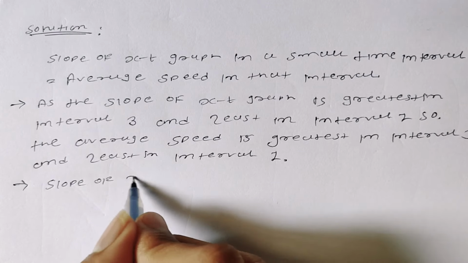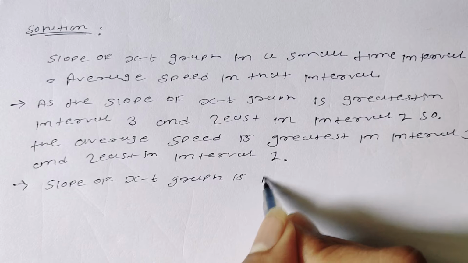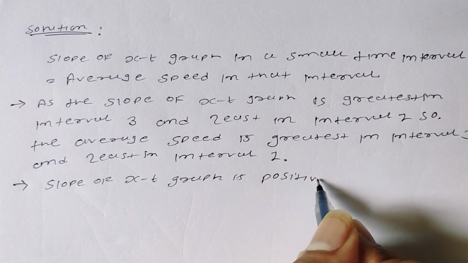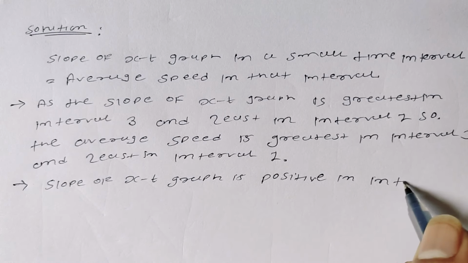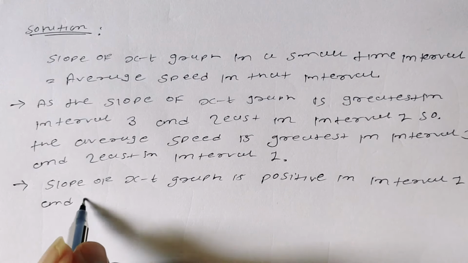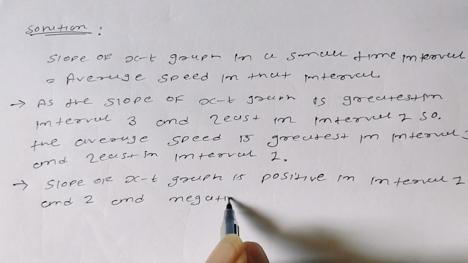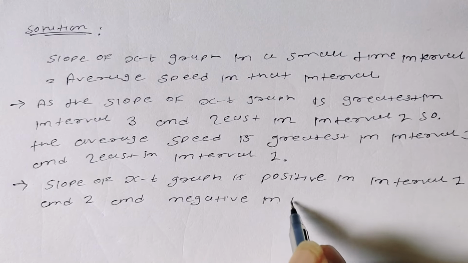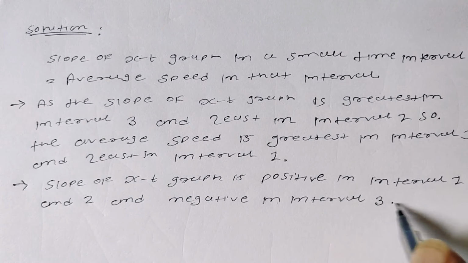So here we can say the slope of the xt graph is positive in interval 1 and 2, and negative in interval 3.